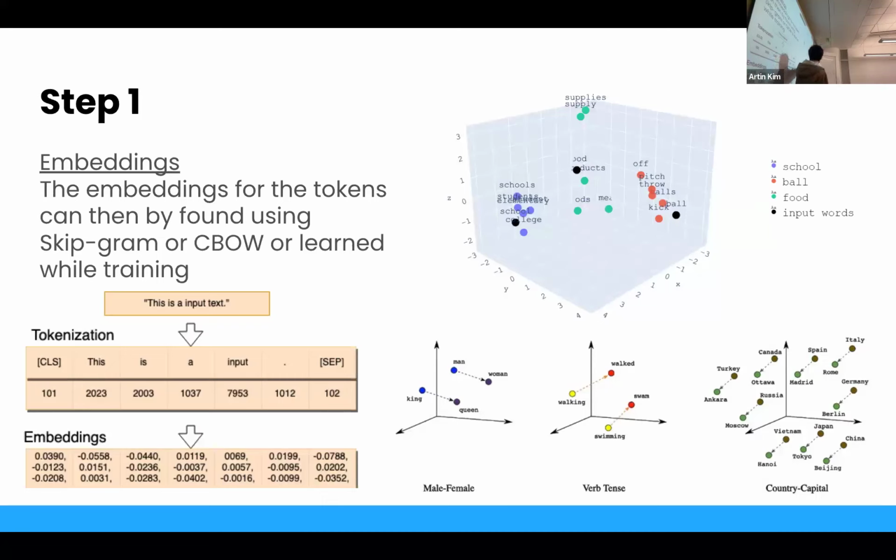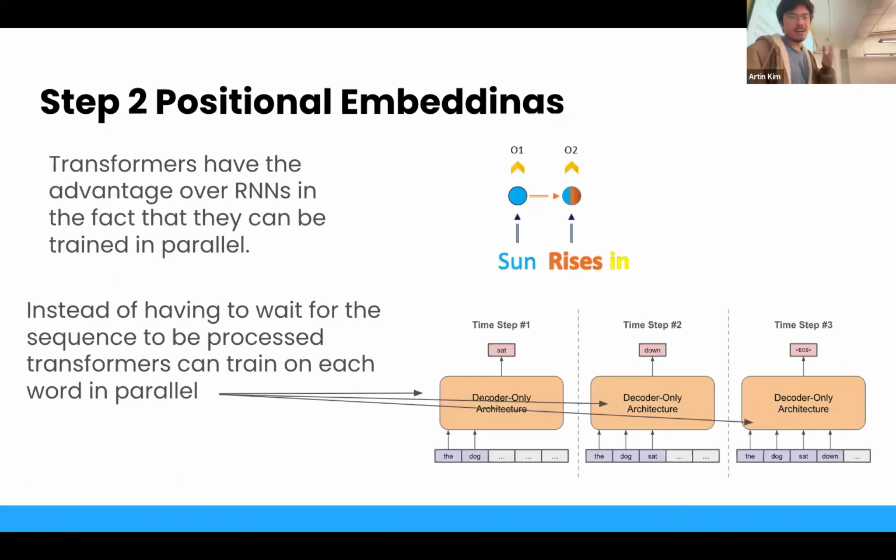For example, if you take the vector of man and woman and get the difference, and you add that difference to king, it'll move you to the vector of queen. These cool properties in this space are really nice, and it allows the model to understand relationships between words. There are ways to learn that as well, like skip-gram models and continuous bag of words. But again, these exist. That's all you need to know.